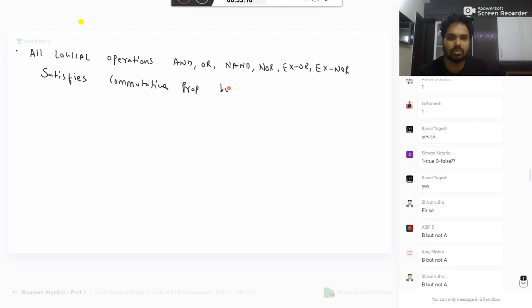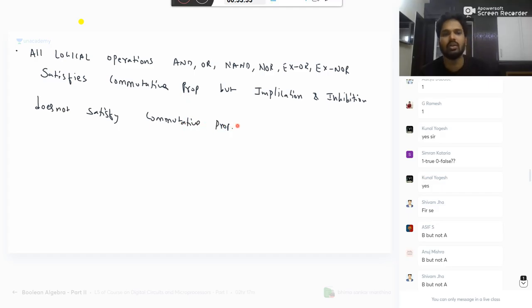But implication and inhibition do not satisfy commutative. Okay, remaining all will satisfy the commutative property except implication and inhibition.